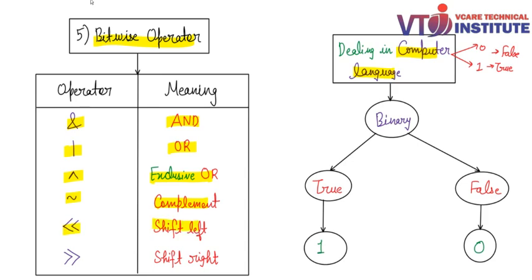These all deal in the computer language. AND works the same way, OR works slightly differently, that is in binary, the true false returns. Then there is a complement which does the opposite, working like a not operator. Then shift left shifts the digits to the left, and shift right shifts the digits to the right.